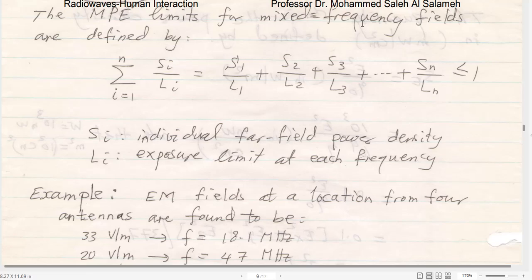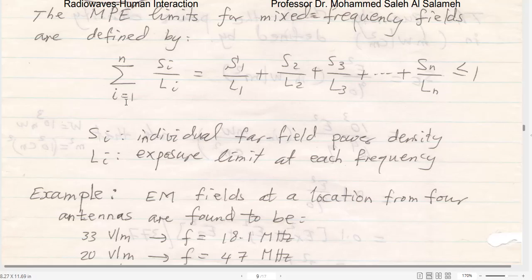Mixed frequency fields means that we have many sources of radio waves surrounding us, and the sources have different frequencies. So how can we calculate the exposure? If it is one frequency, then we just take the value from the table. But if we have different frequencies, we use this equation here.